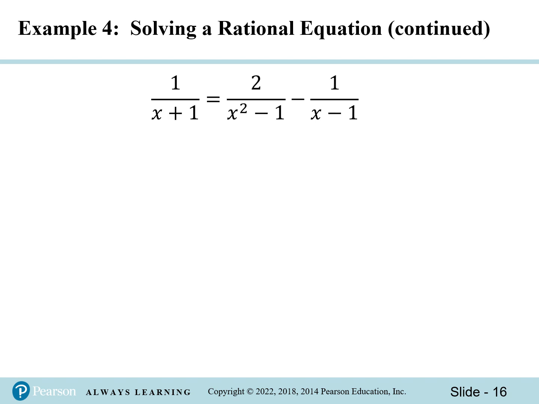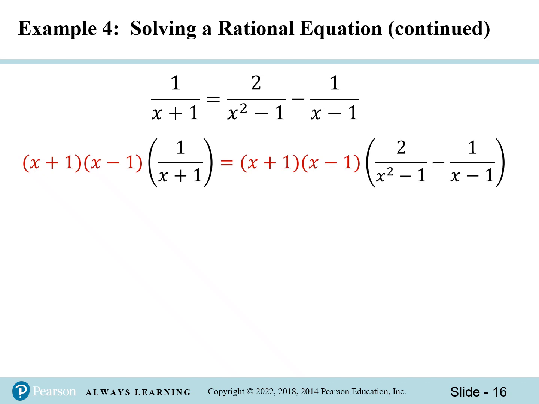So, again, if you need to, you can split this into two fractions or two separate terms and then multiply by x plus 1, x minus 1. Not necessary, but you can.